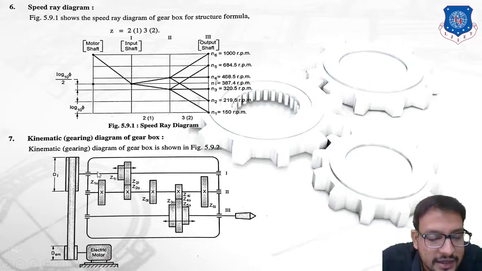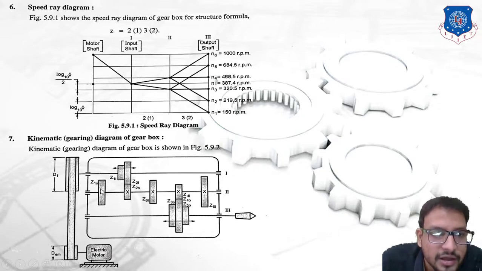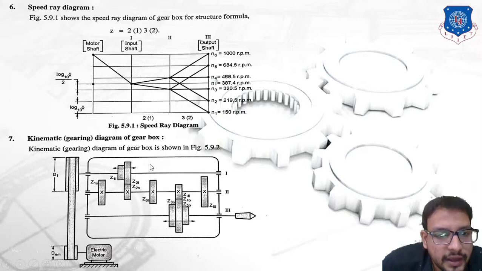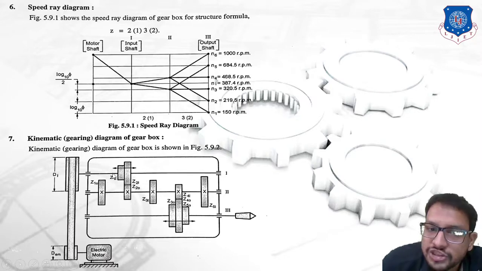So on the input shaft, how many gears have I shown? Two gears. This is forming one gear pair and this is forming a second gear pair. Now as you can see, I have shown by this horizontal double arrow that this gear on the input shaft can slide.